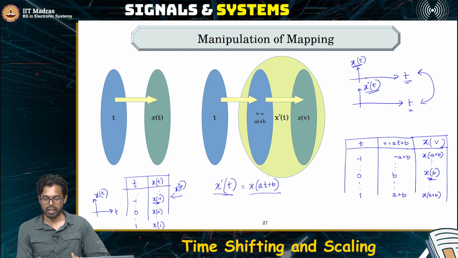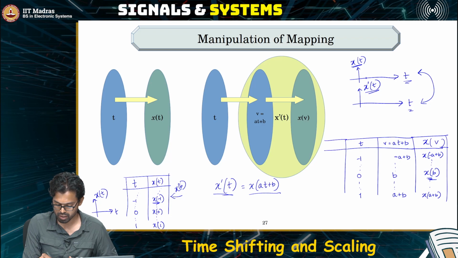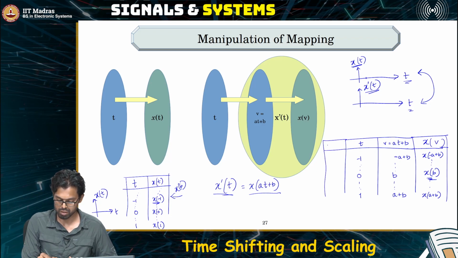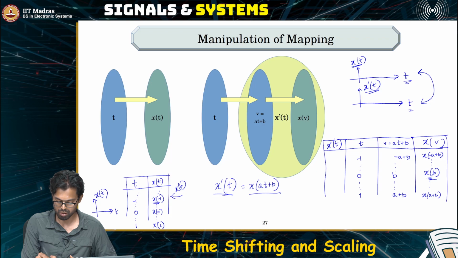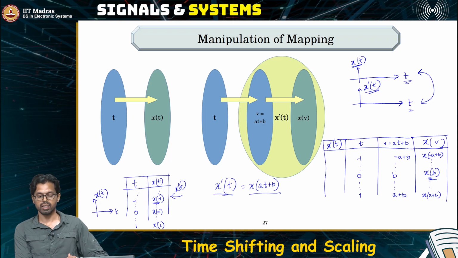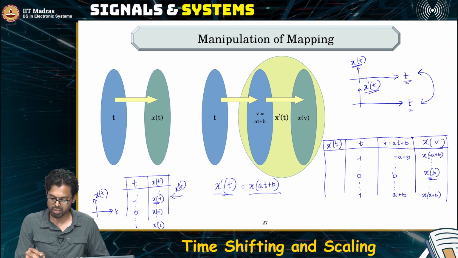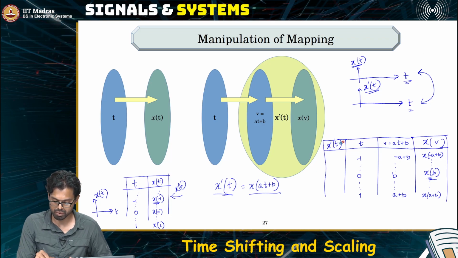So now what would be x dash of t? So this is x dash of t. Now x dash of t is essentially this value that we have here.